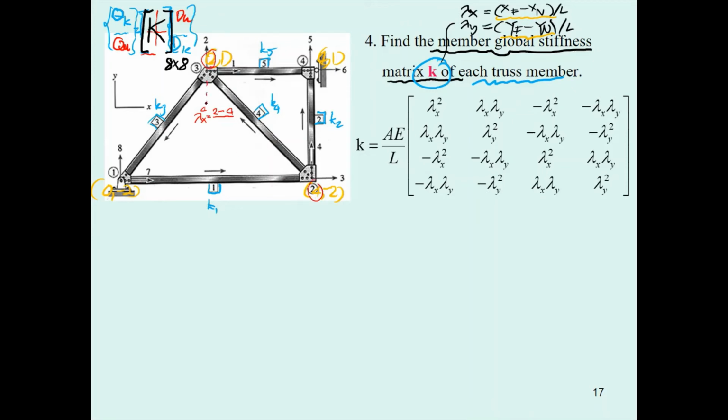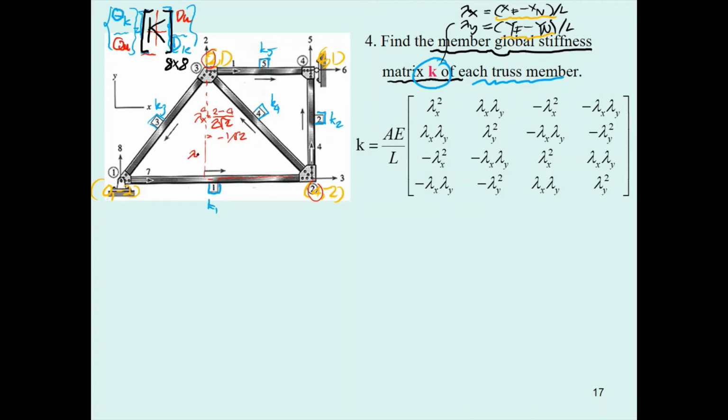The length is going to be what? This is going to be 2 meters. So it's going to be divided by 2 square root 2. That is going to be minus 1 over square root 2.